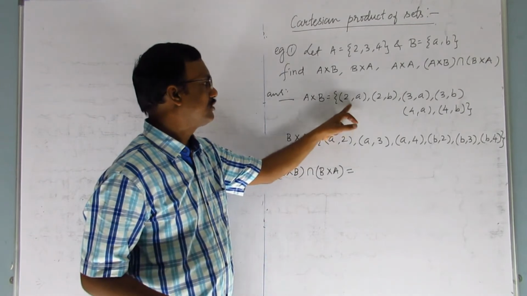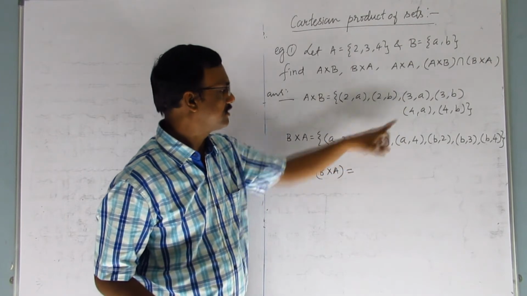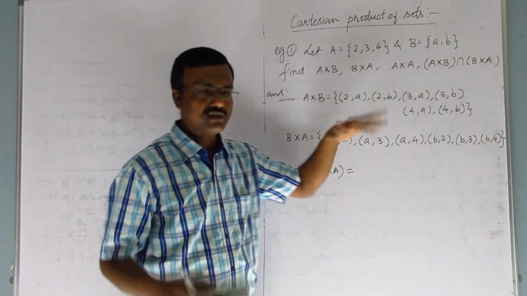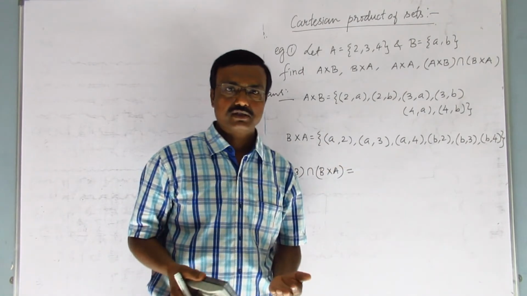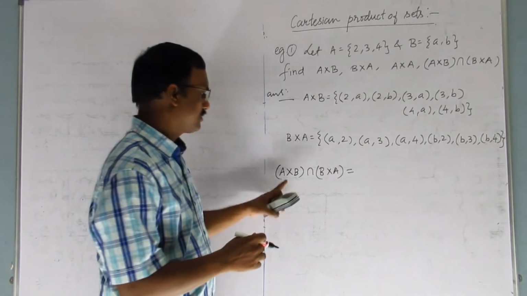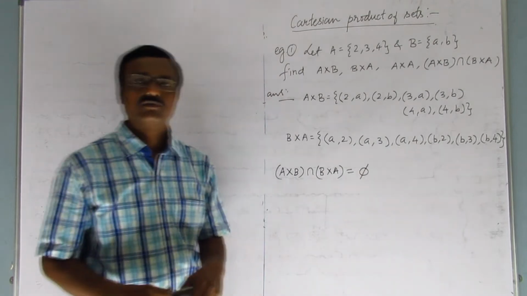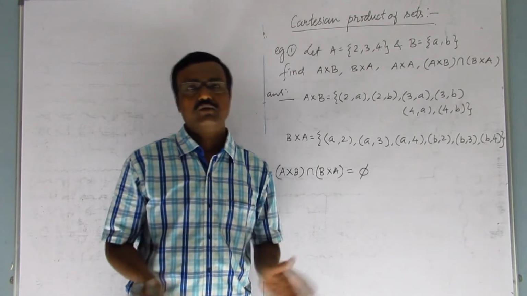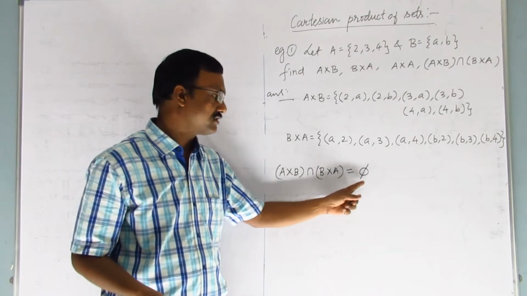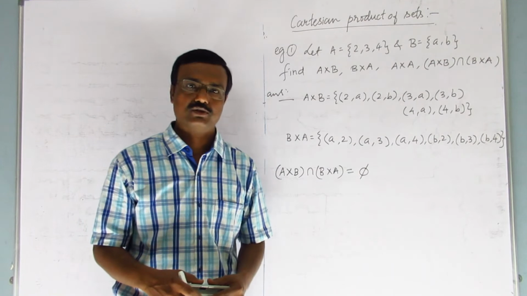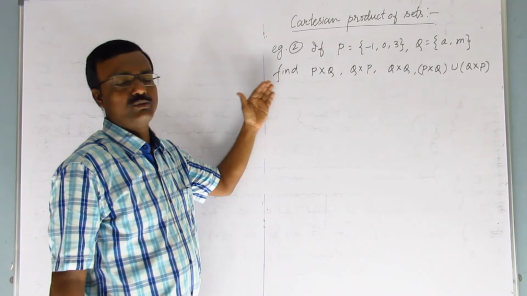You try one by one. (2, a) nowhere, (2, b) nowhere, (3, a) nowhere, (3, b) nowhere. So there is not a single element which is common to both the sets. When there is nothing common between two sets, what is the answer then? So A cross B intersection B cross A is the null set. So this will be true always. A cross B and B cross A, their common element set is always phi, the null set. Nothing is common between these two sets. This is a question I have given for you, a similar kind of question.